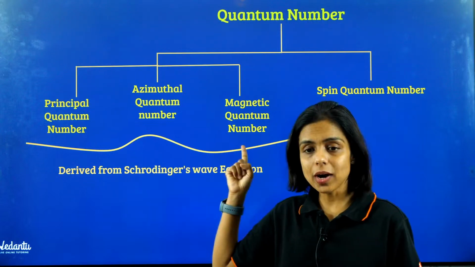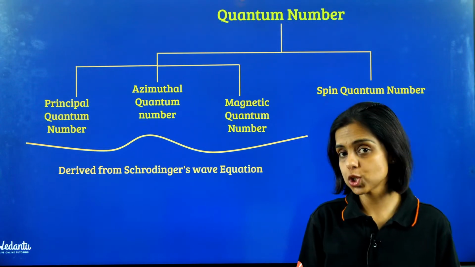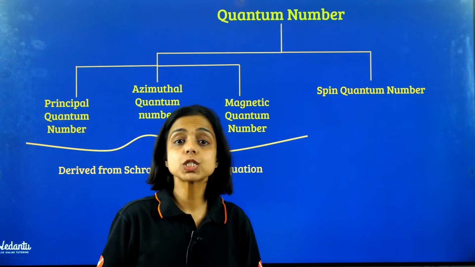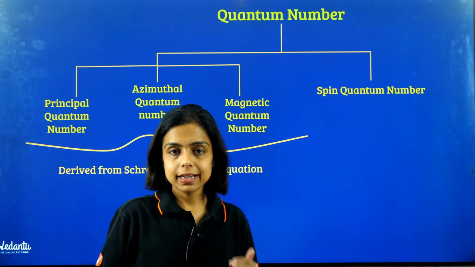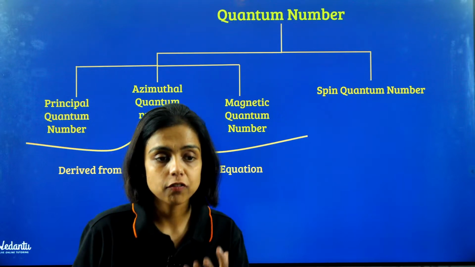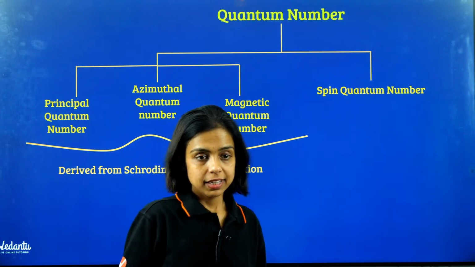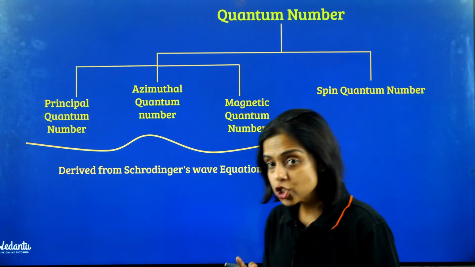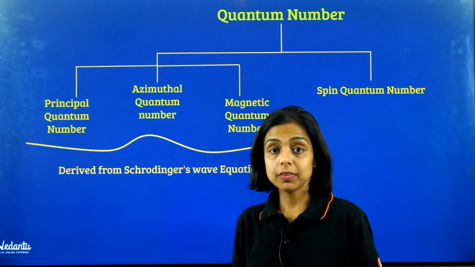These 3 quantum numbers are derived from Schrodinger's wave equation, and later on a 4th quantum number, that is the spin quantum number, is also added for the identification of the electron. Clear?